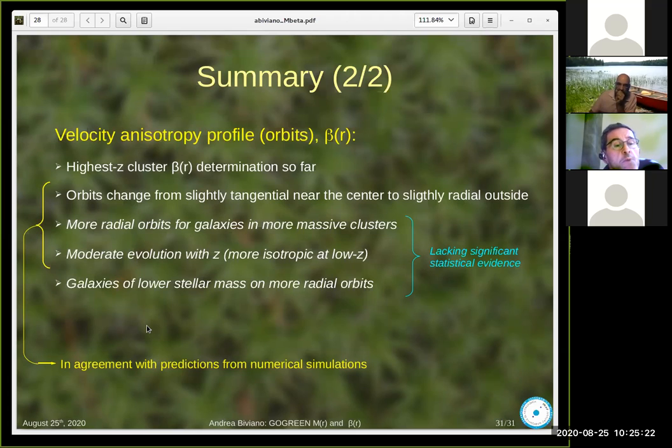There seem to be more radial orbits for galaxies in more massive clusters. There seems to be moderate evolution with redshift, becoming more isotropic orbits at low redshift. And galaxies of lower stellar mass seem to be on more radial orbits. And results 2 to 4 appear in agreement with predictions from numerical simulation. And I stop here. Thank you.